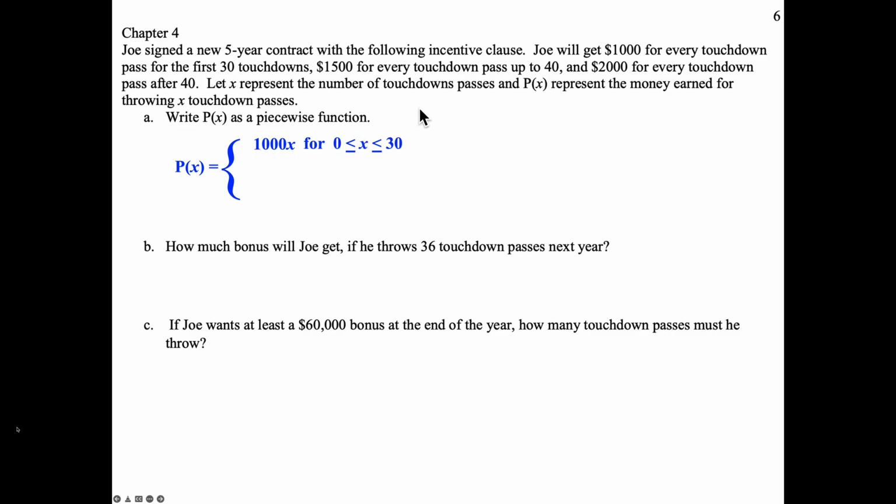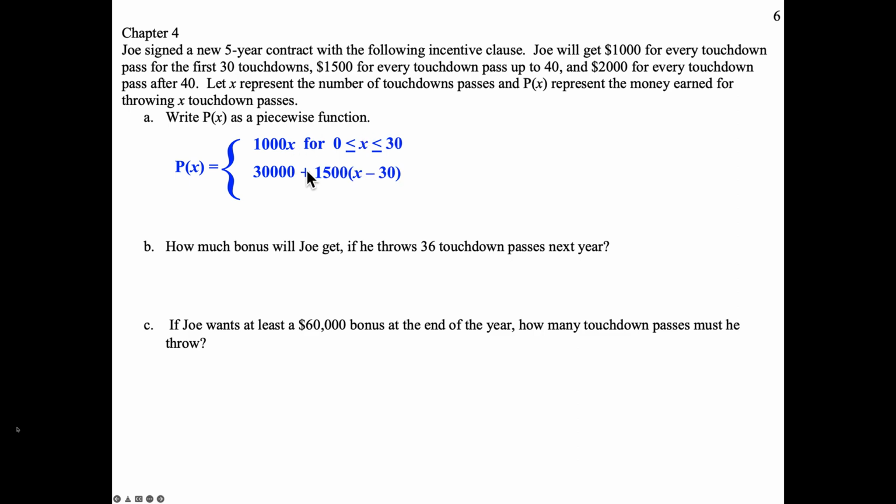All right, now the second function, this is going to be a little tricky. We have to max out the first incentive clause. So we take the 30, the biggest number in the domain restriction, put it in for x. 30 times 1,000 is 30,000. So this first number is the maxed out value of the previous incentive clause.